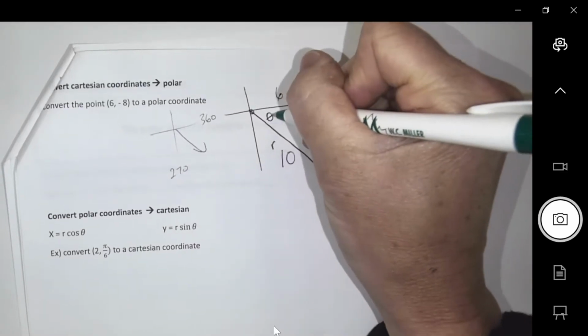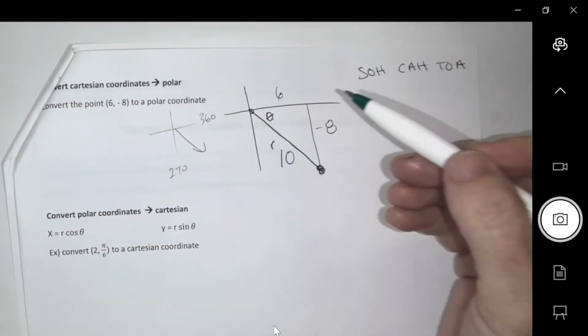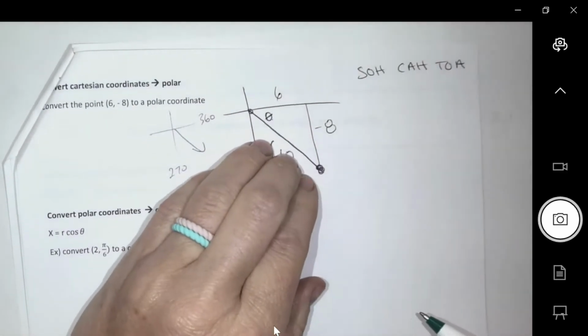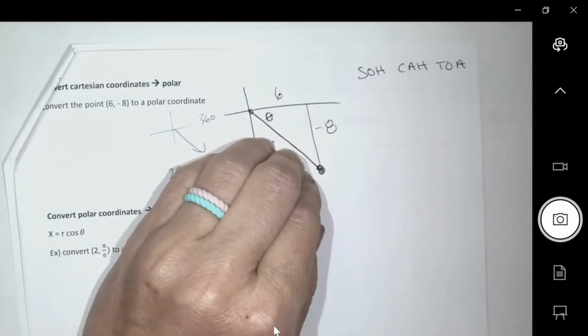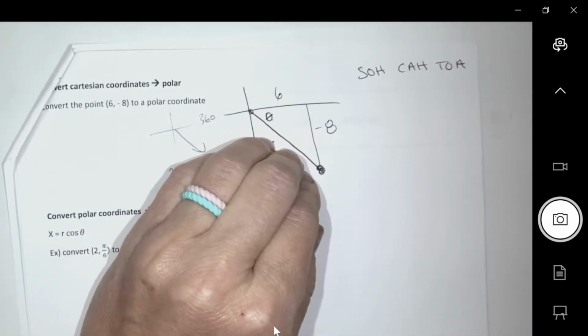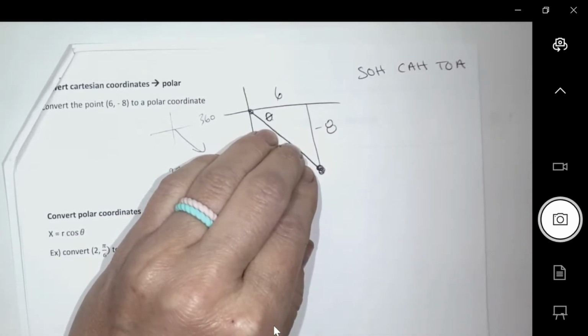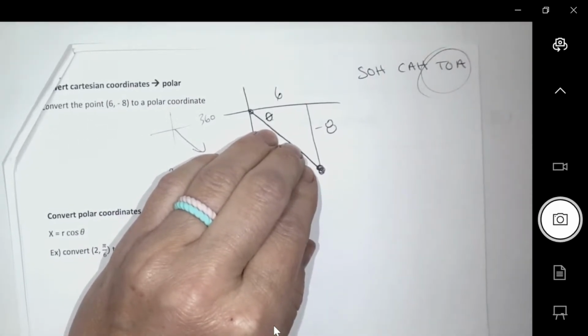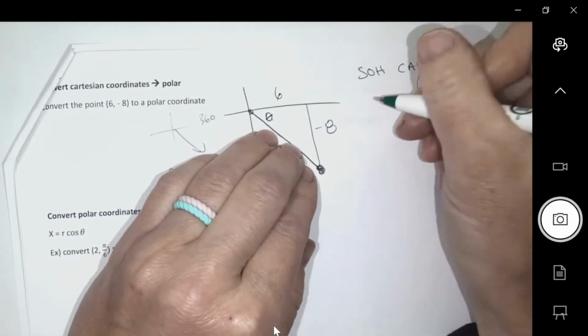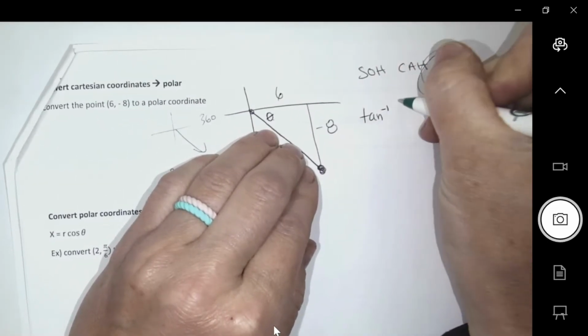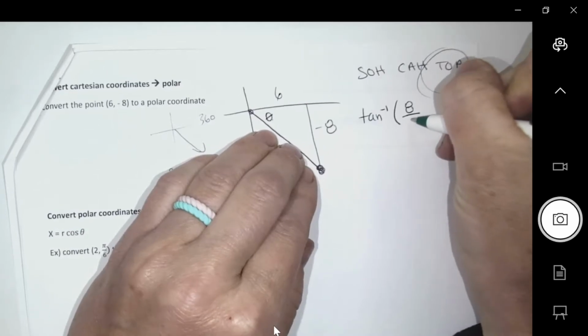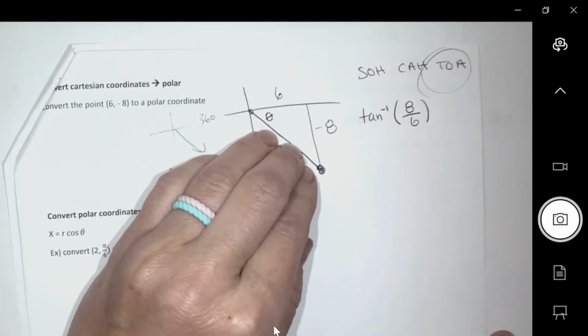Okay, I'm going to do this angle. I guess we'll always use the 2 that were given. So you could have used the 10, but I'll just use the 8 and 6. So this means I'm going to use tan inverse of the opposite over the adjacent.